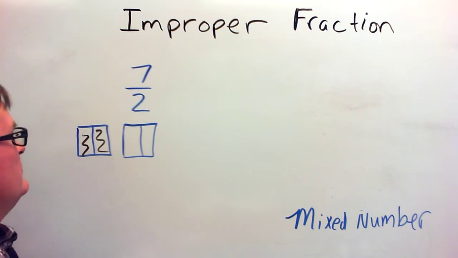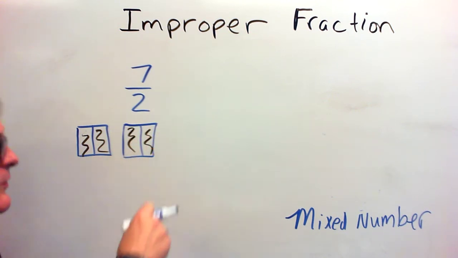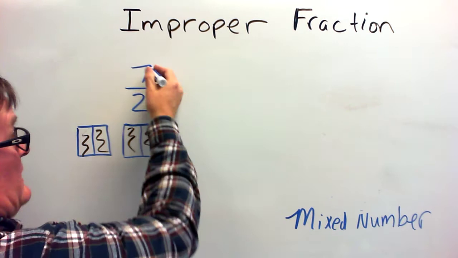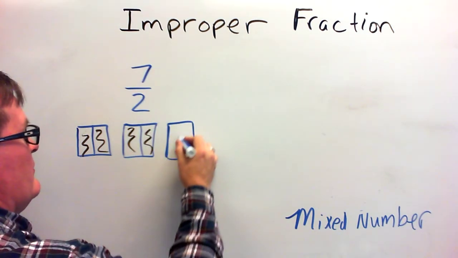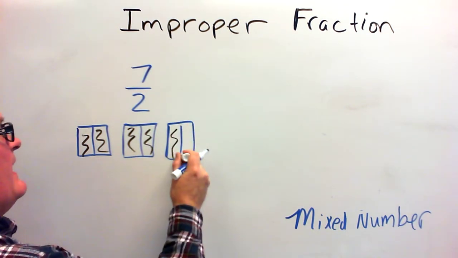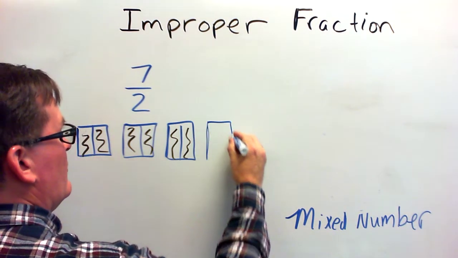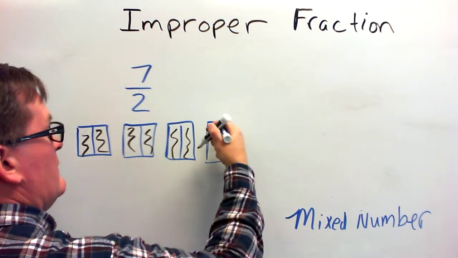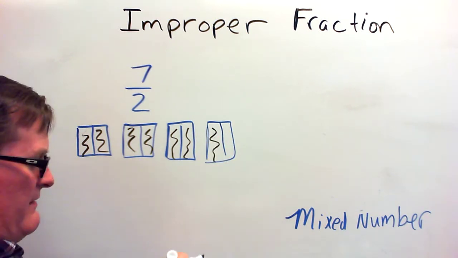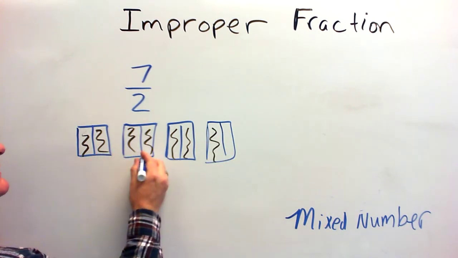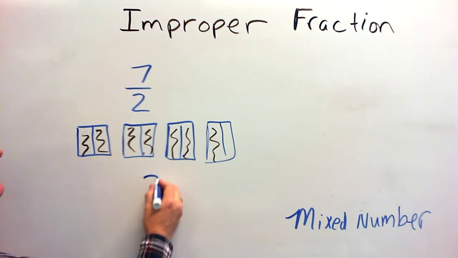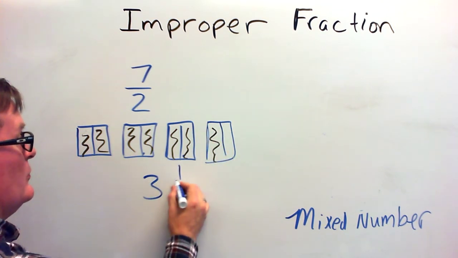Now I'm up to 3, 4 halves. We're not to 7 yet, so keep going. Draw another one. 5, 6 halves. Almost there, but not quite. So draw another one. There's our 7th half. So we have 1, 2, 3 wholes, and then 1 out of 2, or 1 half.